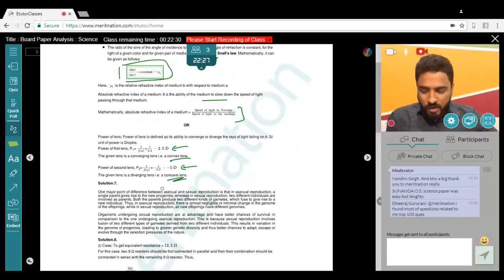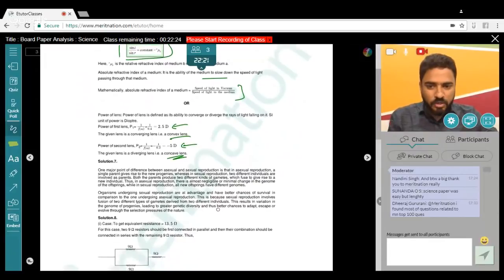Moving on to the seventh question, which is based on your biology. That is question number 7: one major difference between asexual and sexual reproduction, a question which you would have already attempted several times in your previous sample papers or while practicing questions from this chapter, reproduction. This question is directly from your NCERT.